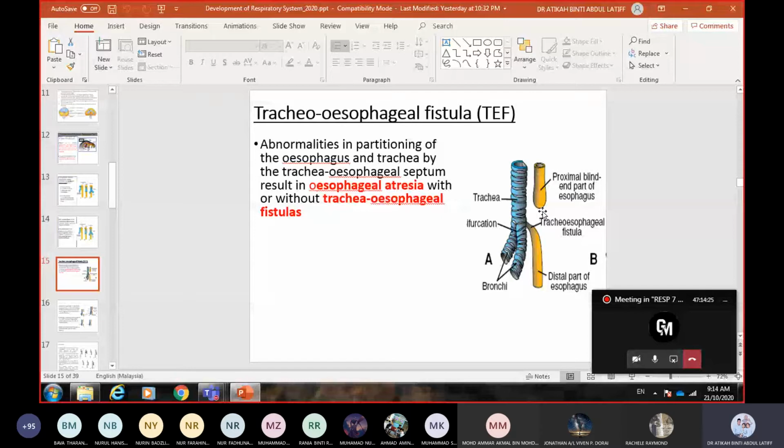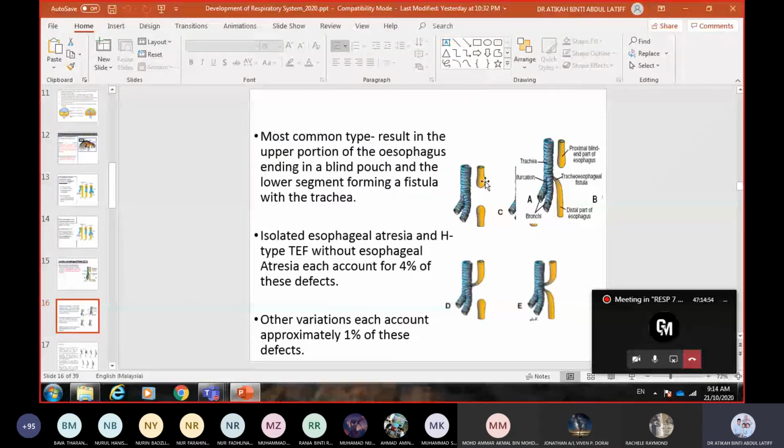There are many types. You can see here in this case there's no fistula, but the esophagus didn't form properly; the two parts didn't join together. Here there's a fistula only on the distal part of the esophagus, and here the fistula is on the upper part of the esophagus, and this one has both the proximal and distal portions of the esophagus with fistulas to the trachea.